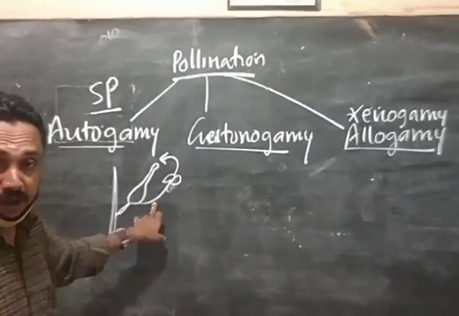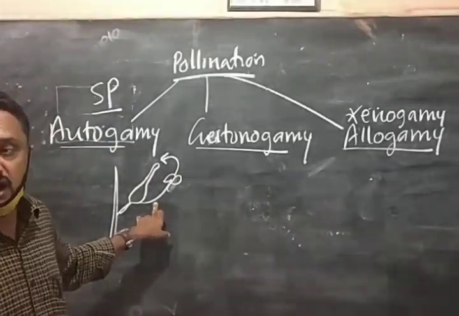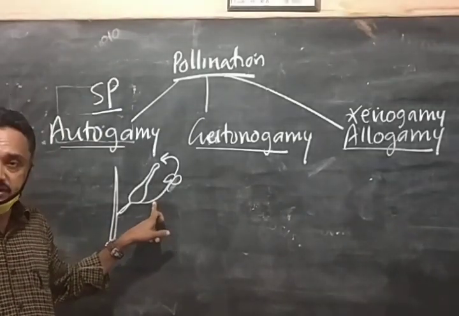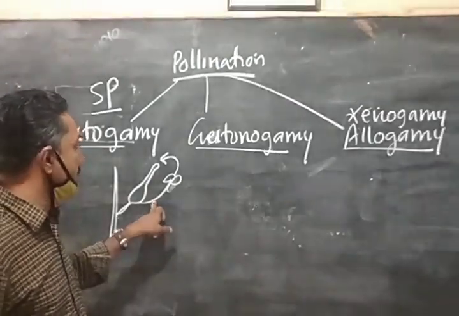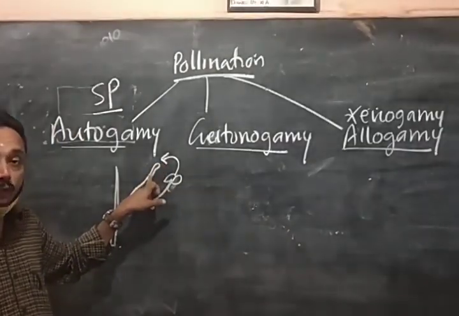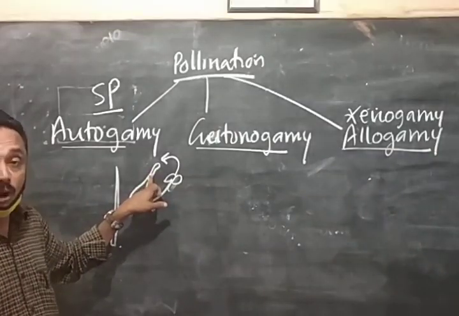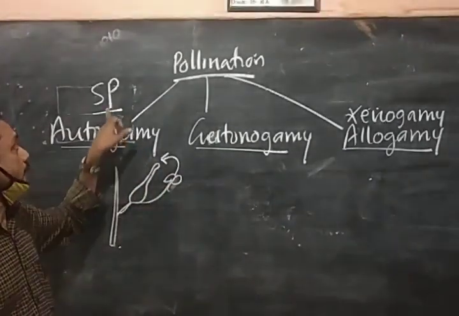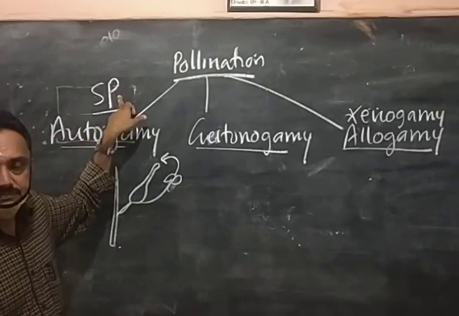Autogamy is otherwise called self-pollination. Do you know the meaning of bisexual flower? A flower containing both androecium and gynoecium is called a bisexual flower. In a bisexual flower, pollen grains are transferred from anther to stigma of the same flower. Such pollination is called autogamy or self-pollination.